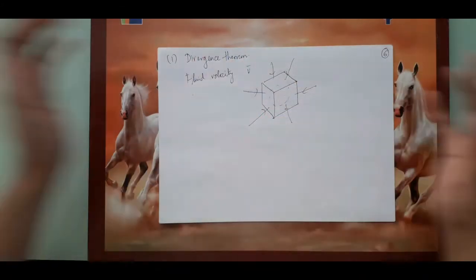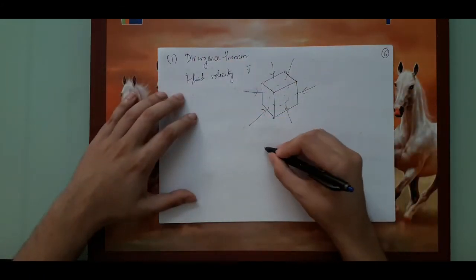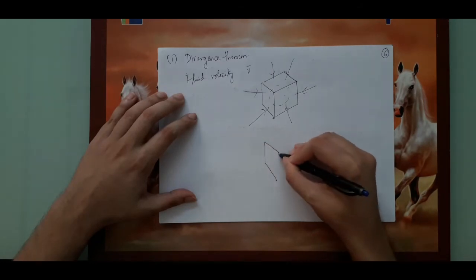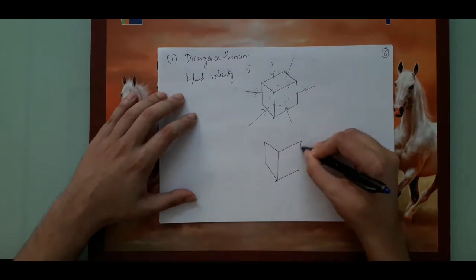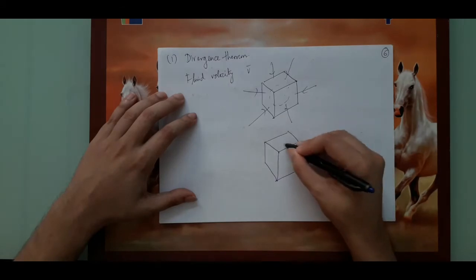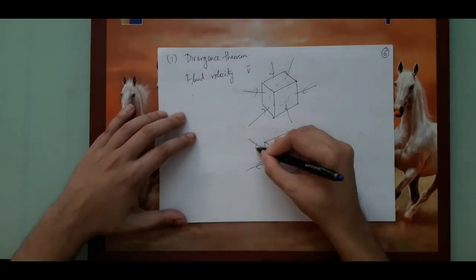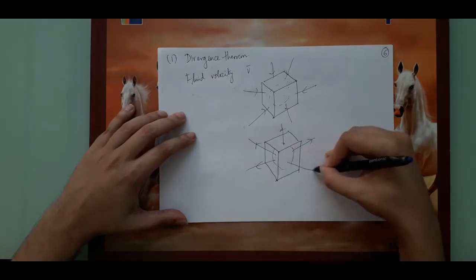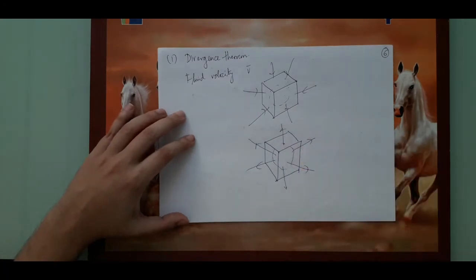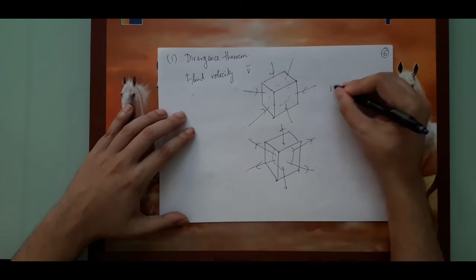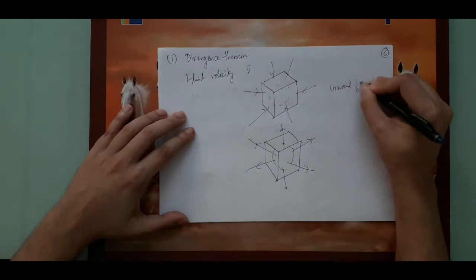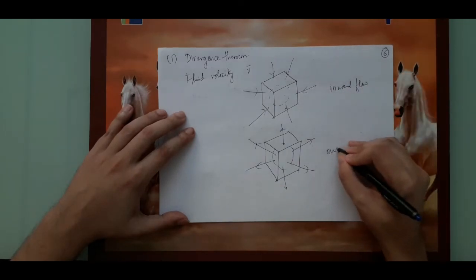If the fluid is expanding, then the velocity vector field will definitely look like this. This is called inward flow and this is outward flow.